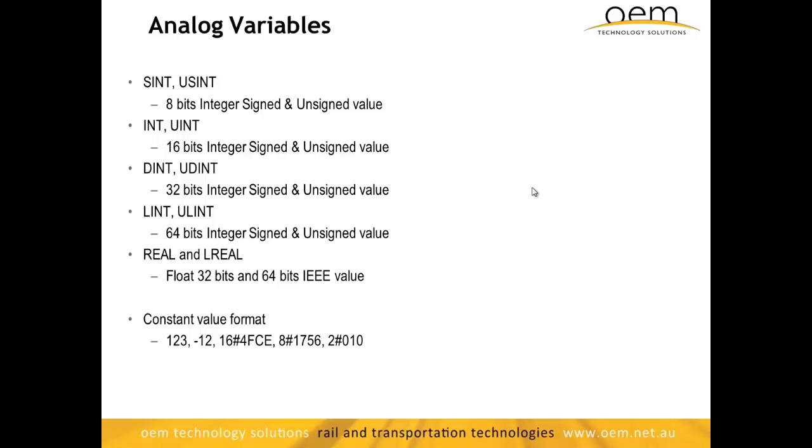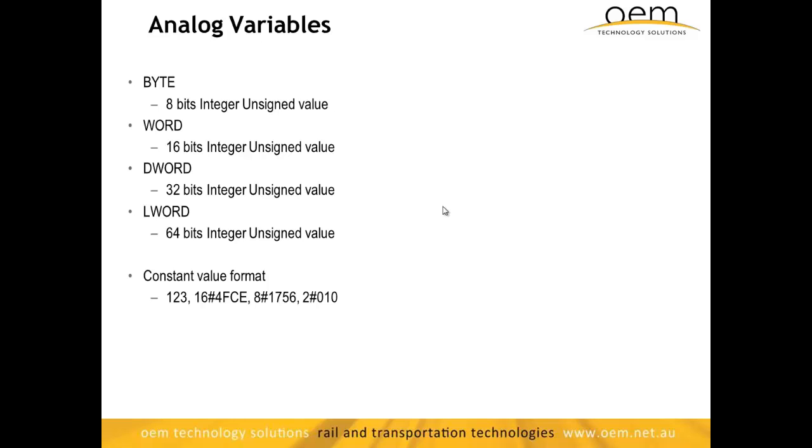Double integers and unsigned double integers, which are 32-bit signed and unsigned. Long integers and unsigned long integers, which are 64-bit numbers. Reals and long reals, which are 32-bit and 64-bit floating point values. There are also other analog variables, which are just variants of what we previously discussed.